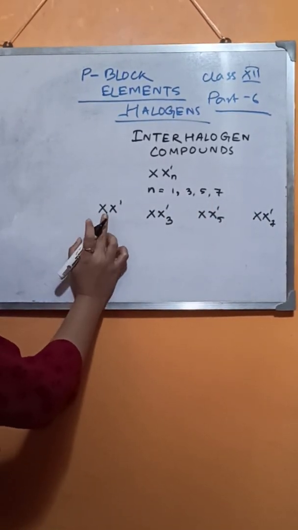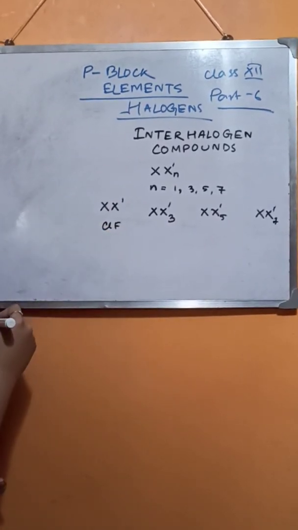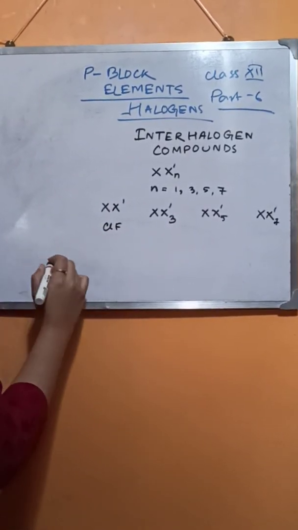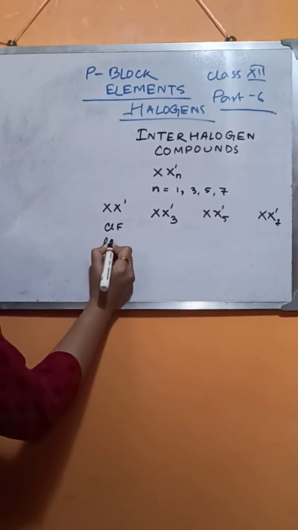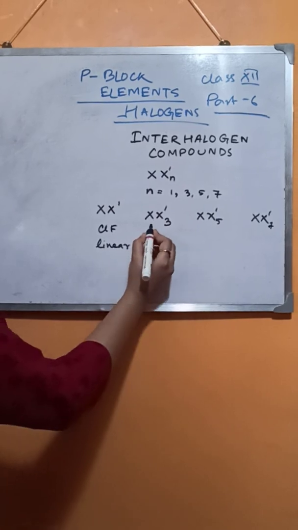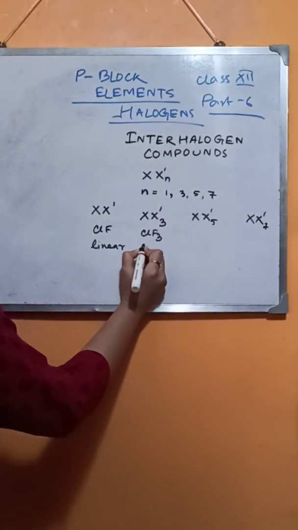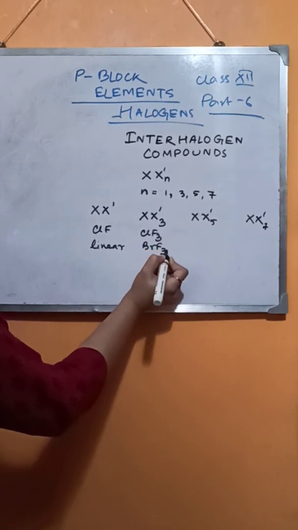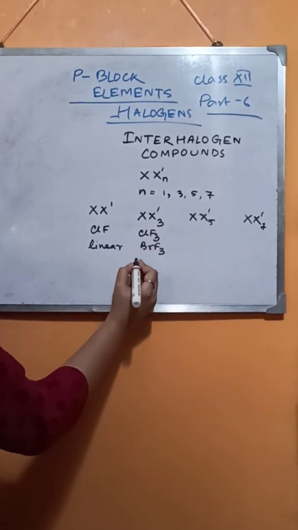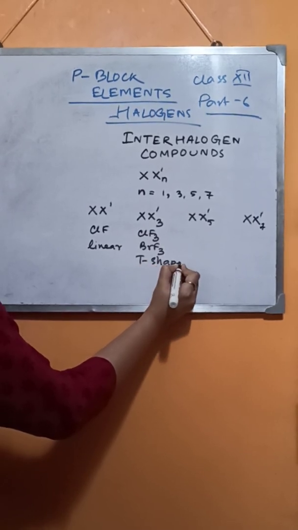Now this type of linear compounds, example can be ClF. For these type of compounds, the shape or geometry of the compound is linear. For XX'3, the geometry of this compound, or the shape, is T-shaped.